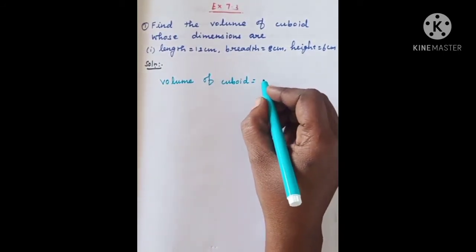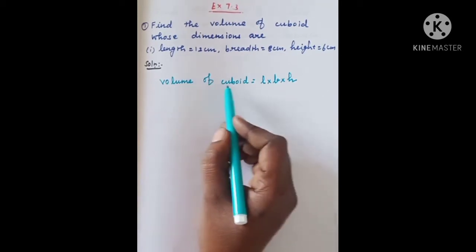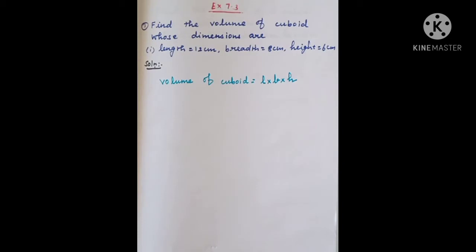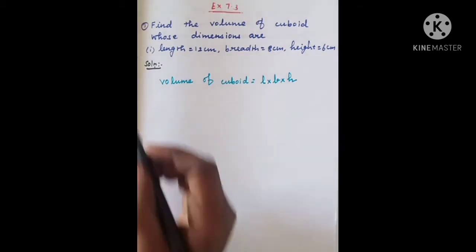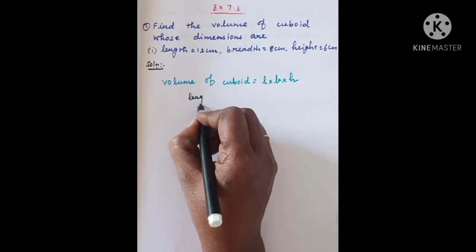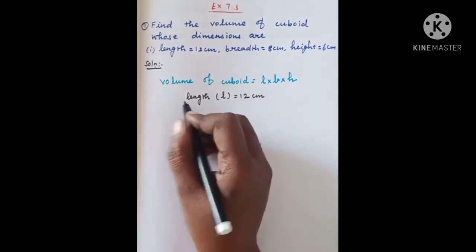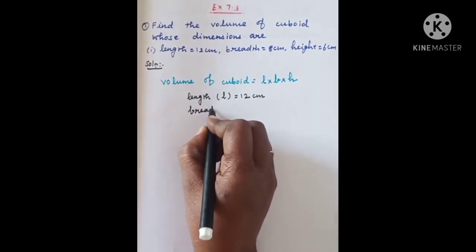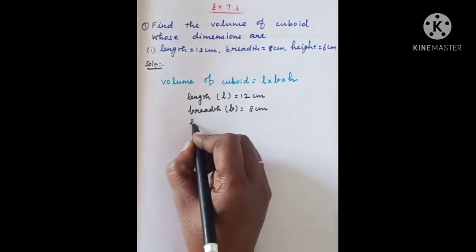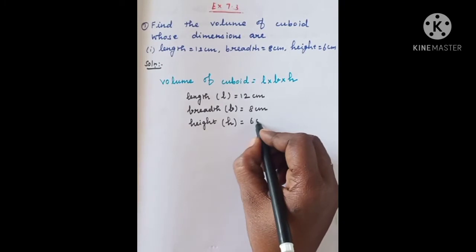The formula is nothing but L into B into H. So volume of cuboid is equal to L into B into H. Here in this problem, length is taken as L. Length is given as 12 centimeter and breadth B is nothing but 8 centimeter and the height H is given as 6 centimeter.